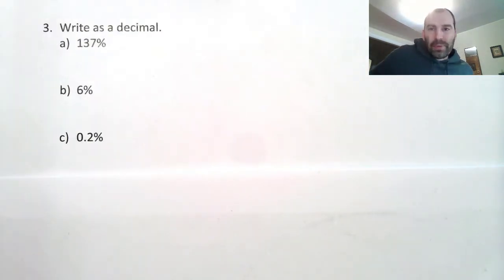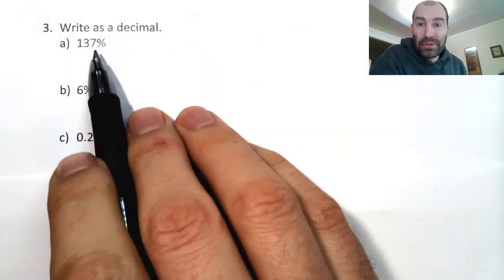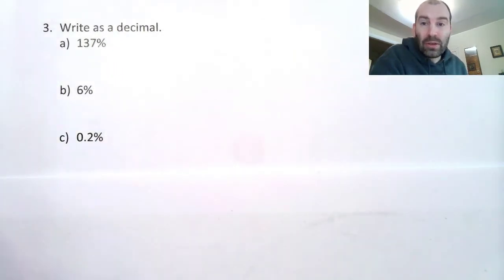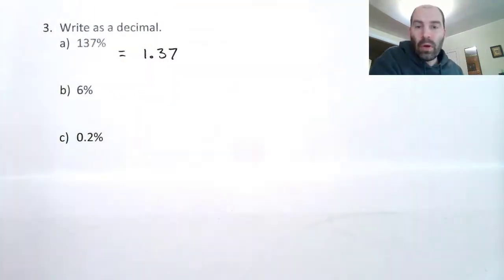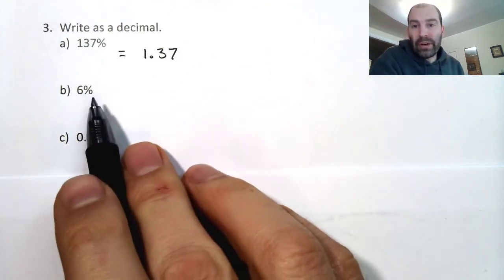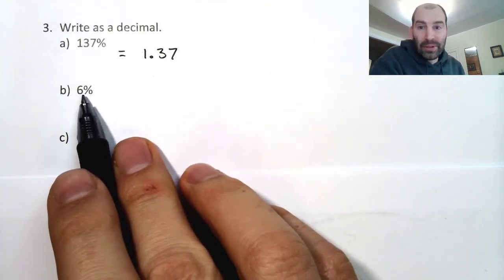Okay, let's take a look at these problems. Here, we're given a percent, and we want to write them as a decimal. All right, so remember that the percent sign means to move the decimal place 2 spaces to the left. So if I were to write this as a decimal, I would write it as 1.37. And over here, the 6%, the decimal place is right after the 6.